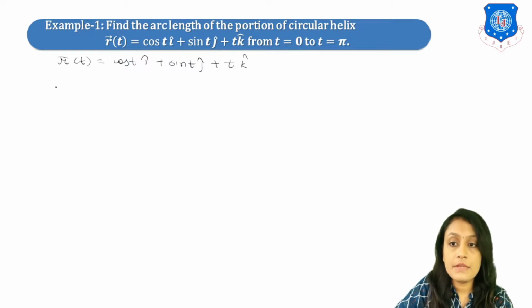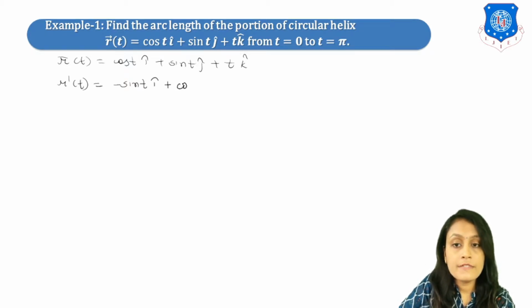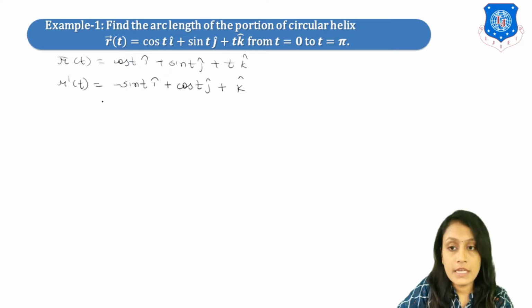So the first step is to find r dash of t, which means we have to find its derivative. So the derivative of cos t is minus sin t i plus, the derivative of sin t is cos t j cap, and the derivative of t is 1, so it is just k. Now we have to find its magnitude.